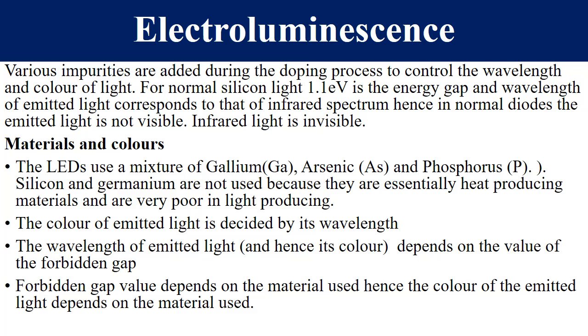And the wavelength of the emitted light corresponds to the electromagnetic spectrum. Never mind about it. What is important is to simply state that some normal LEDs produce light which cannot be seen, and we call that infrared light. Let's go through a bit of theory that is there.